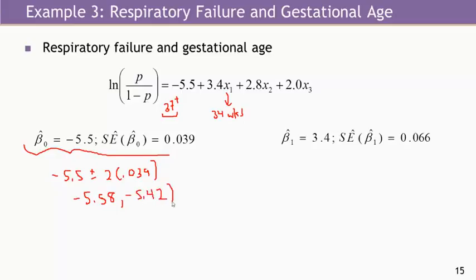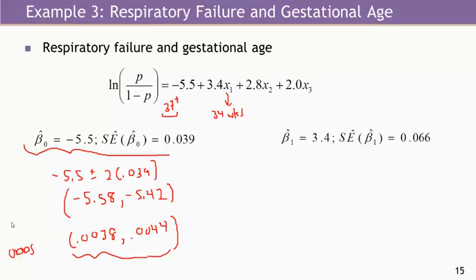Certainly this does not include our null value of 0 on this scale. If we exponentiate these endpoints, we get an interval from 0.0038 to 0.0044. This is a confidence interval not for a ratio because there's no comparison here. This estimates the confidence interval for the odds in this group.